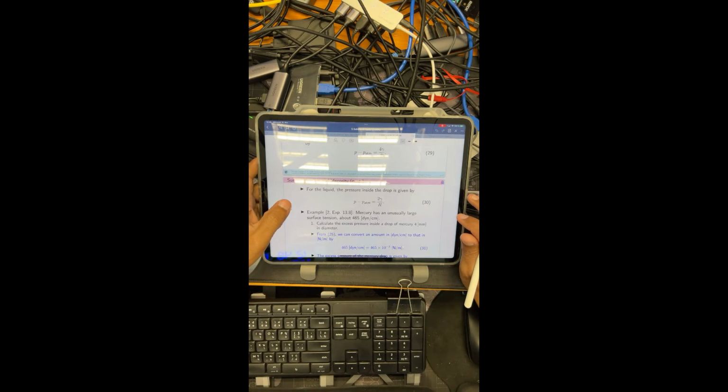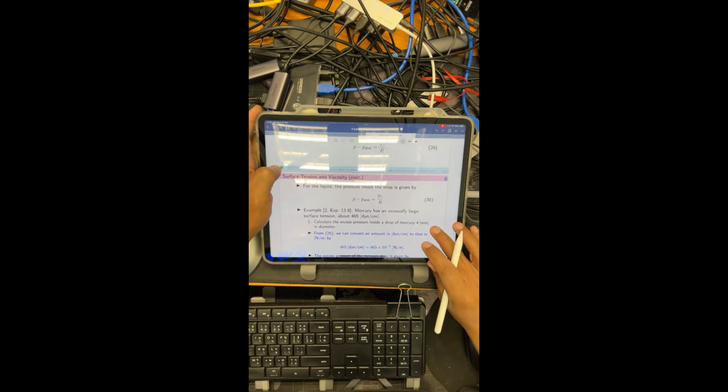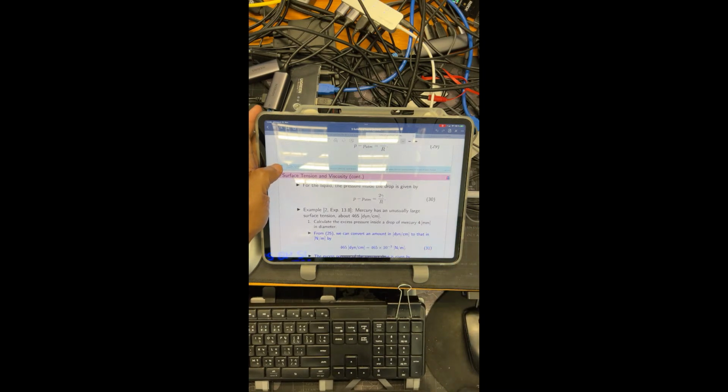Yeah, the sound is going well. Mercury has an unusually large surface tension. That's quite a prominent example. Mercury is about 465. It's quite large compared to the others.